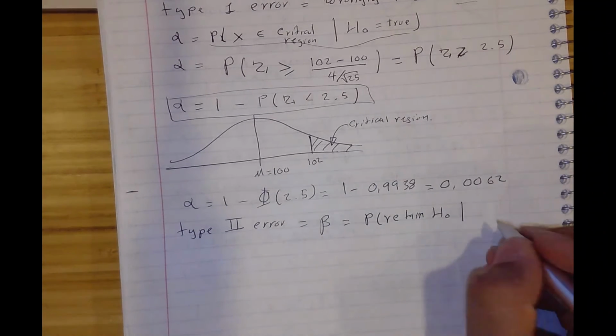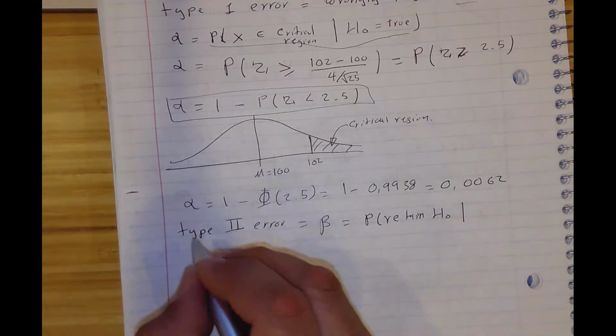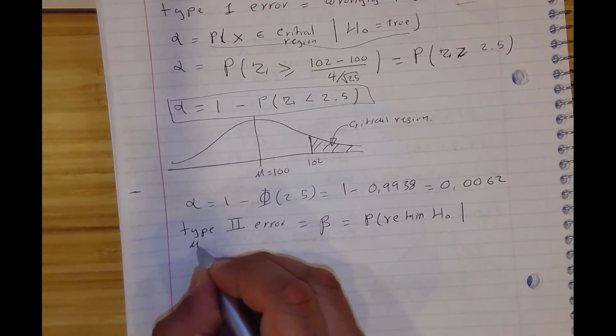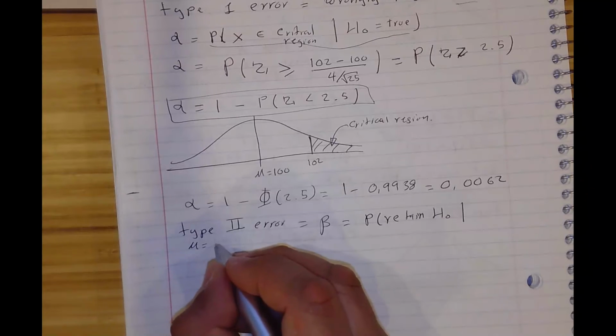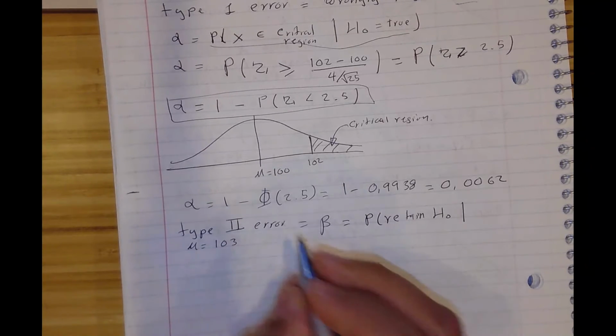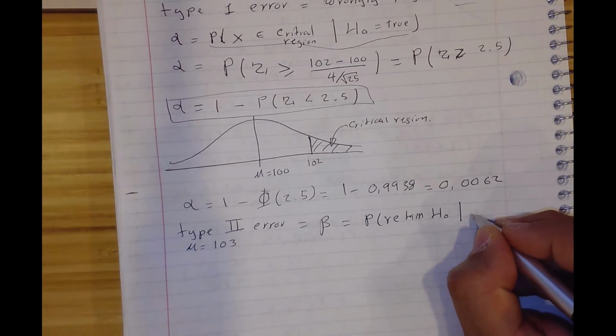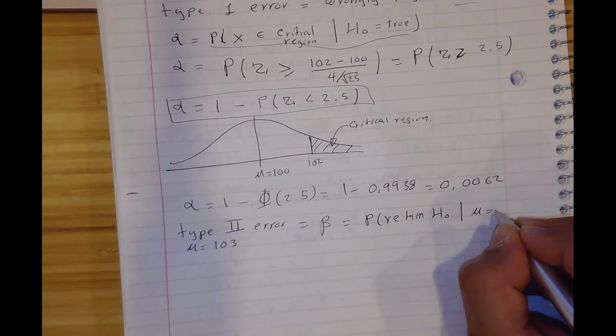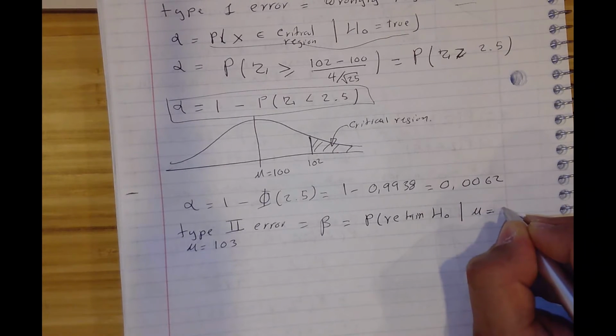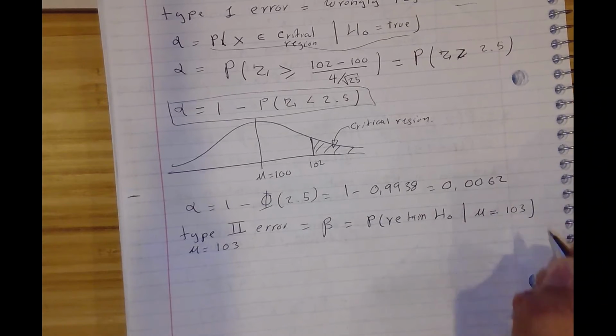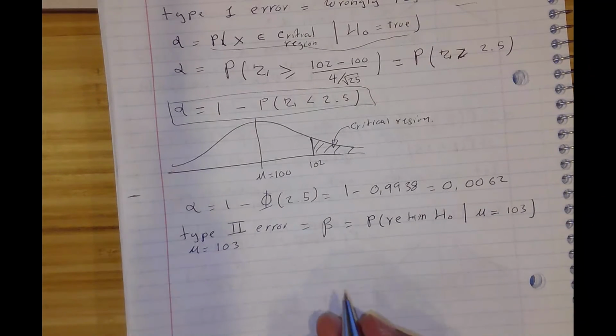For this example, let's say that the actual mean is 103, right? So we can say that given that the population mean is 103, just for the example, what will be the type 2 error?